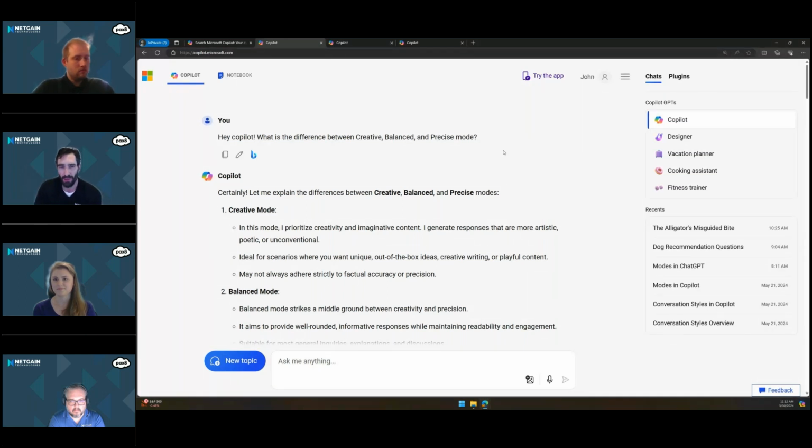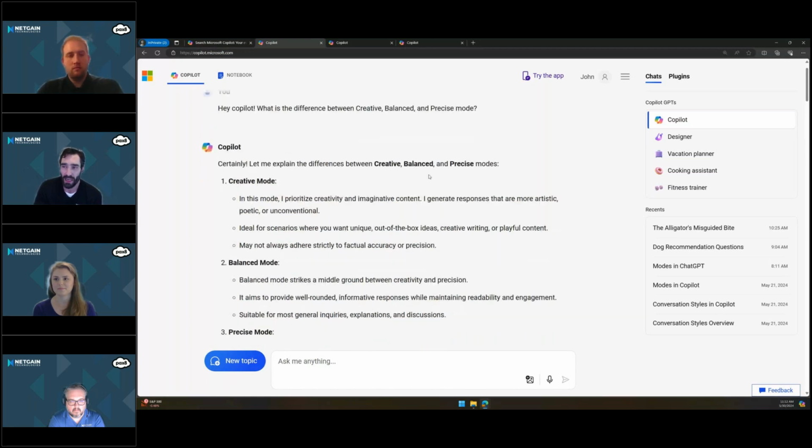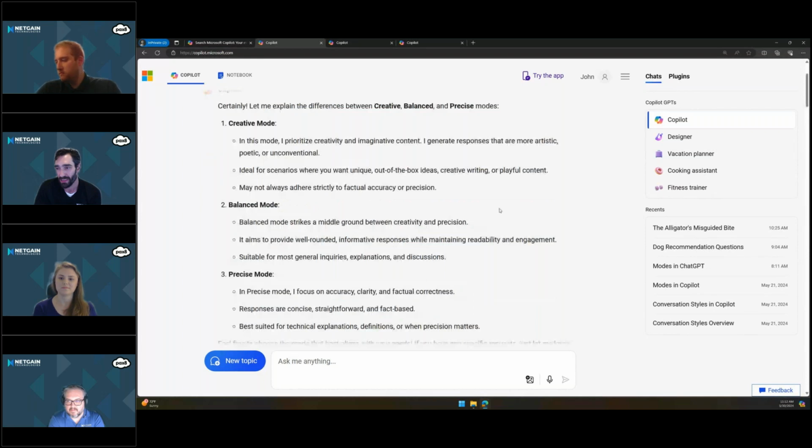Right off the bat, we could probably figure this out, but creative mode is going to prioritize creativity. Ideal for scenarios where you want out-of-the-box ideas, creative writing, playful content. Not always strictly factual, accurate precision. So we know what type of person that is. A balanced mode is kind of in between, someone that's precise, someone that's creative.